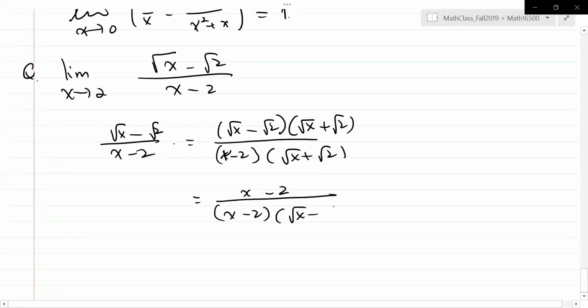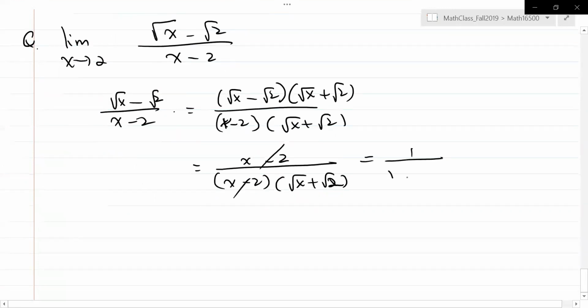So now you get x minus 2 on the numerator, right? Then you cancel x minus 2, and you get 1 over (square root of x plus square root of 2). Right, so this is good.